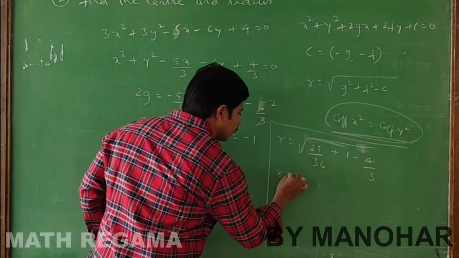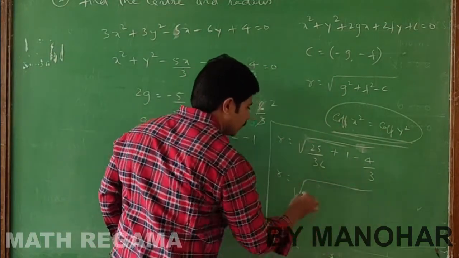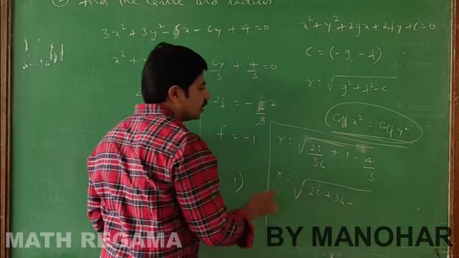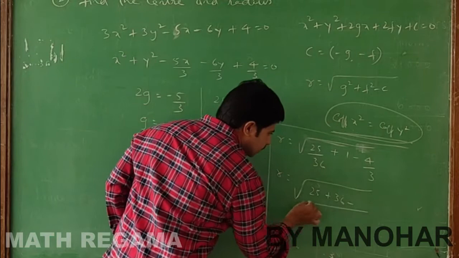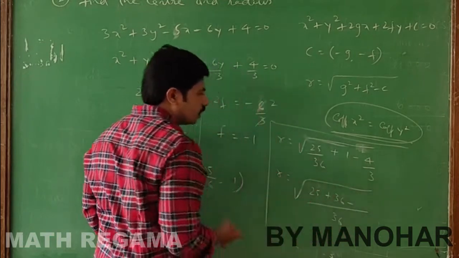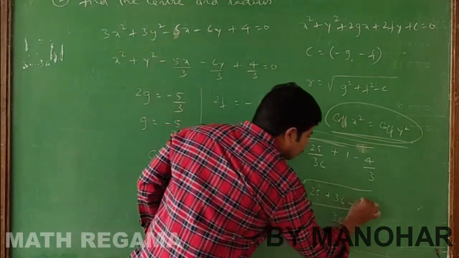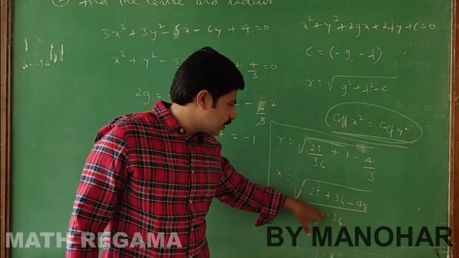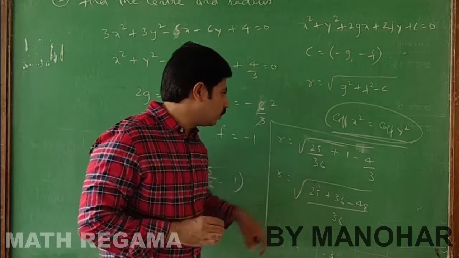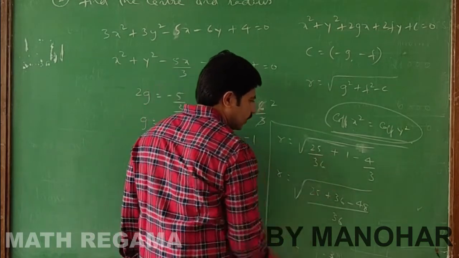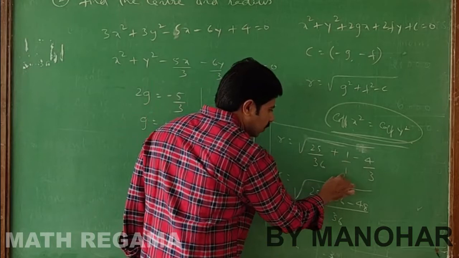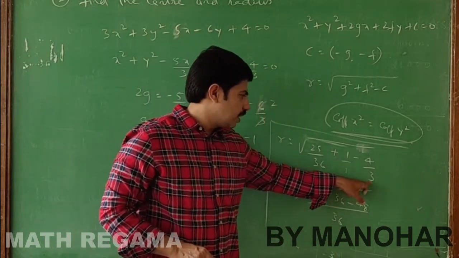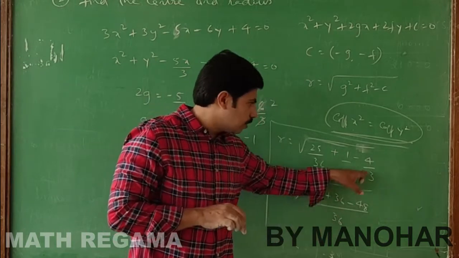So r is equal to under root of 25, I am taking the LCM, 36, plus 36 minus 4 by 3. 3 goes how many times in 36? 3 goes 12 times. 12 fours are 48. See, 36 is the LCM. 36 goes in 36 one time, so 1 into 25 is 25. Then here you can assume 1, and 1 goes 36 times, so 36 into 1 is 36. 3 goes 12 times, and that 12 you have to multiply with the numerator.